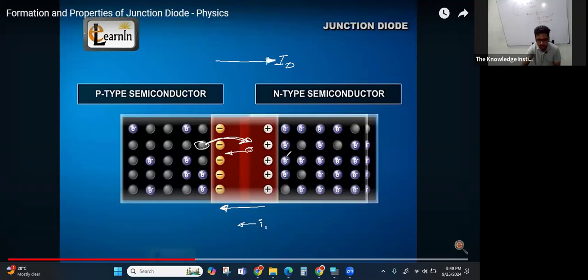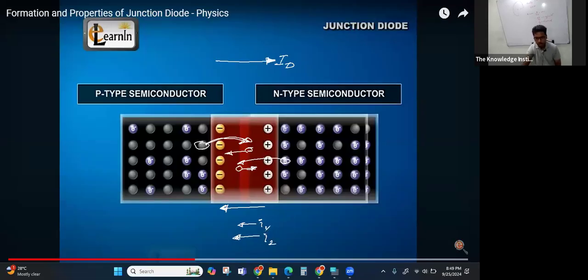Similarly, if one electron is moving from here to here due to diffusion, this electron will experience a force in this direction in the electric field. Now the electron will move in this direction. Therefore, there will be a small current in this direction due to this reverse movement of the electron.